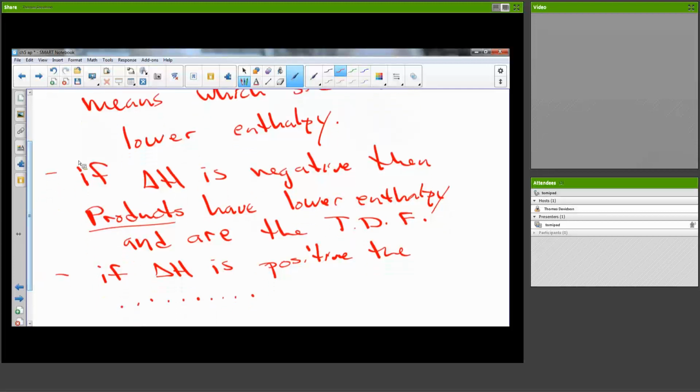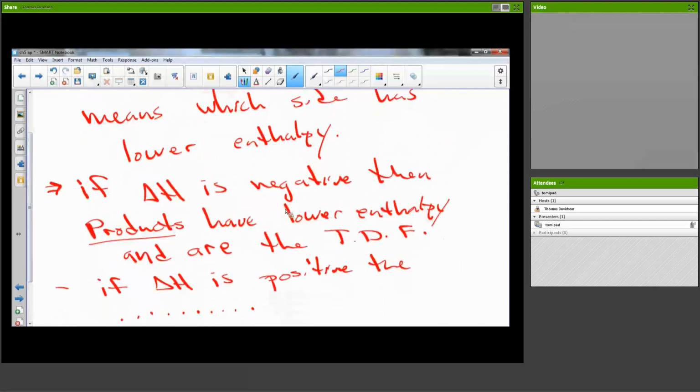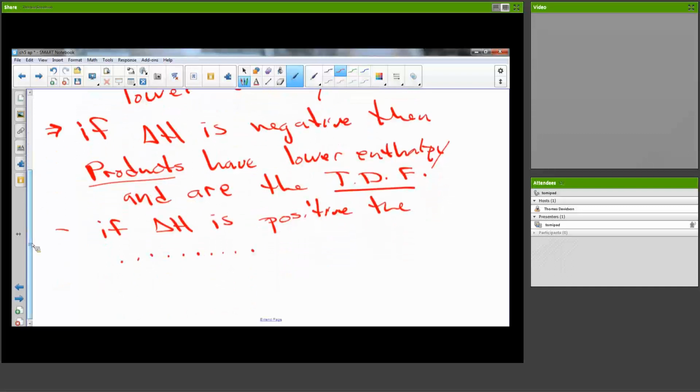So if delta H is negative, then products have lower enthalpy and are the thermodynamically favored side. And then the reverse sentence is just the opposite. If delta H is positive, then the reactants have lower enthalpy and are TDF.